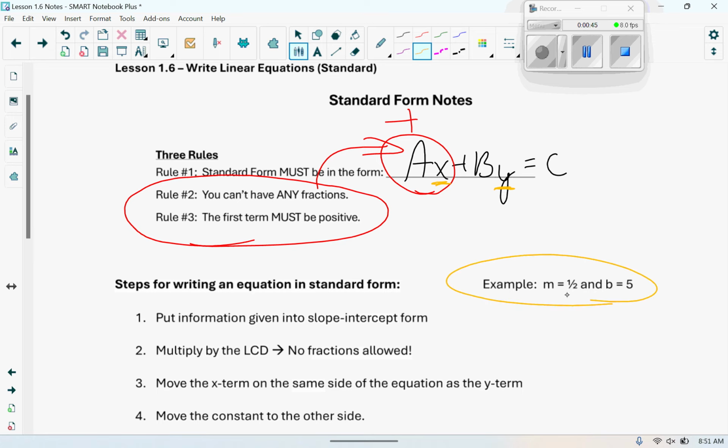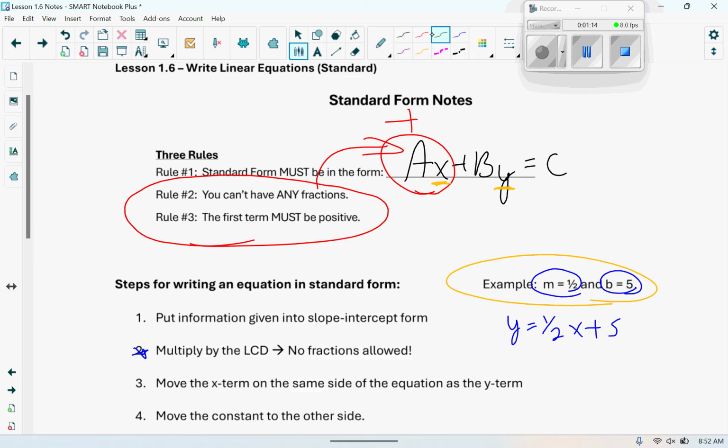So let's explain by using this example. If I had m is 1/2 and b is 5, I would probably put it in slope-intercept form, y equals mx plus b. But now I have to go to standard form. So we're going to multiply by the LCD, getting rid of the fraction.